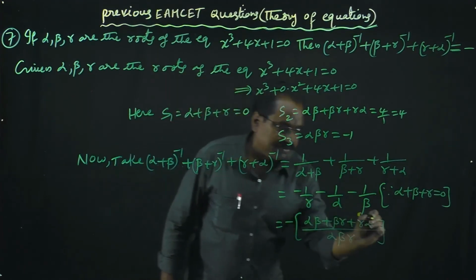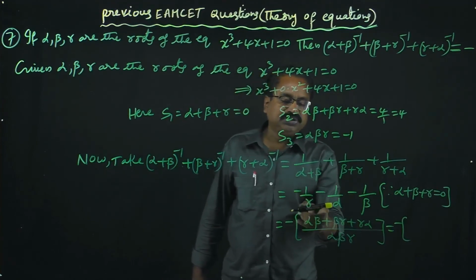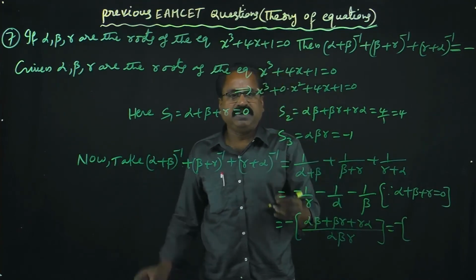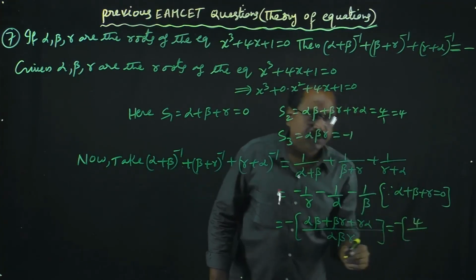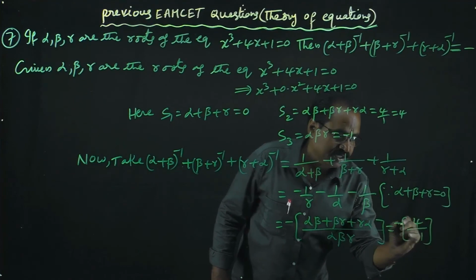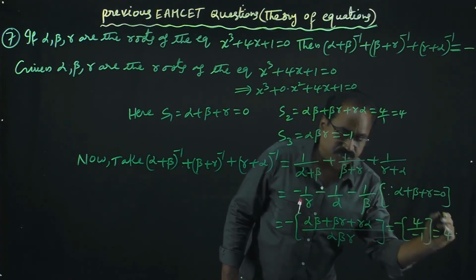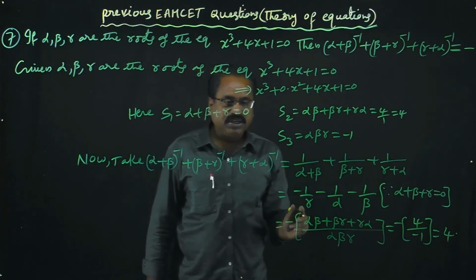So this is equal to minus of the sum of the roots taken 2 at a time, which is 4, by the product of the roots, which is minus 1. Minus into minus is plus. So the required answer is 4.